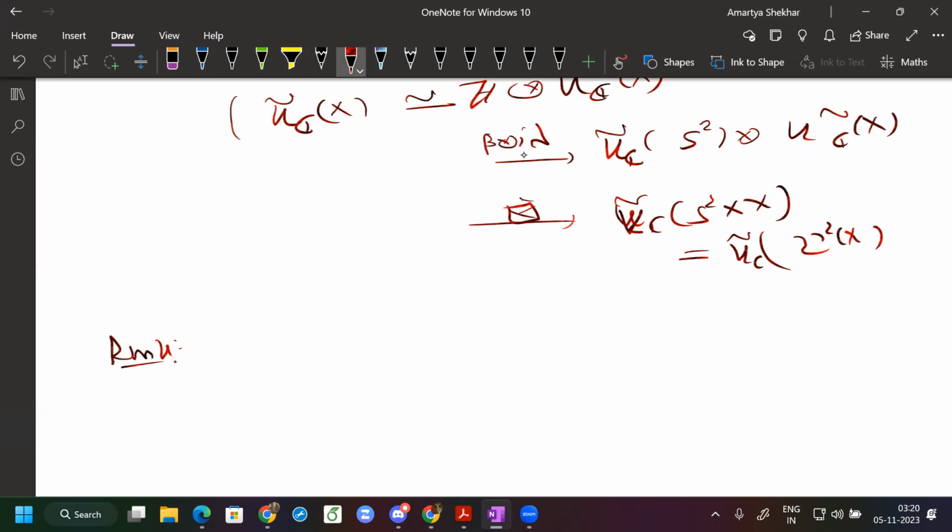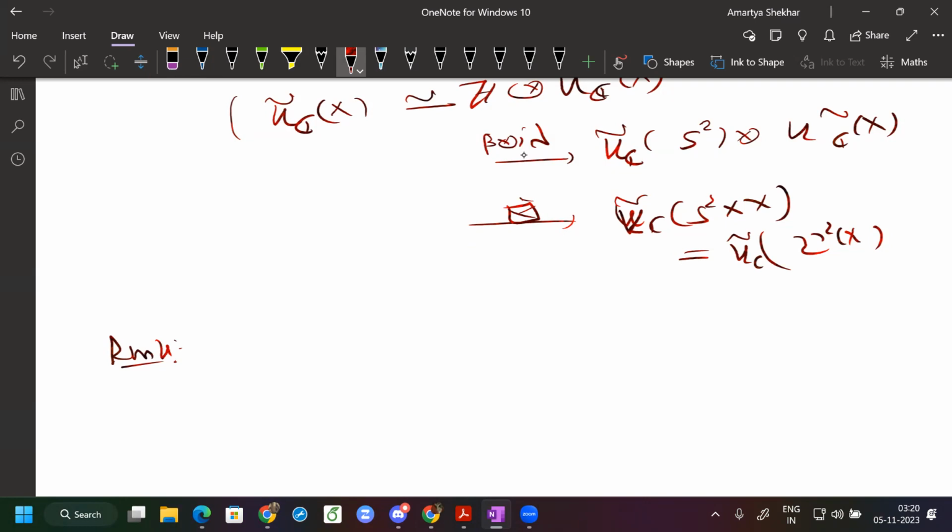So you have this K-theory spectrum that represents the generalized cohomology theory that topological K-theory gives rise to. So that was it for the topological K-theory part.